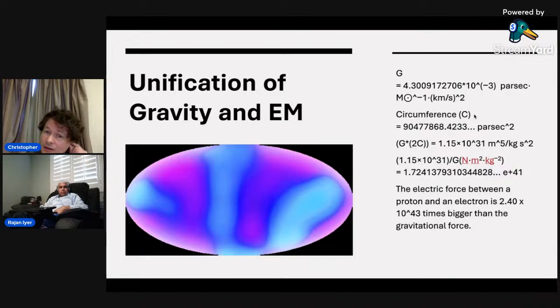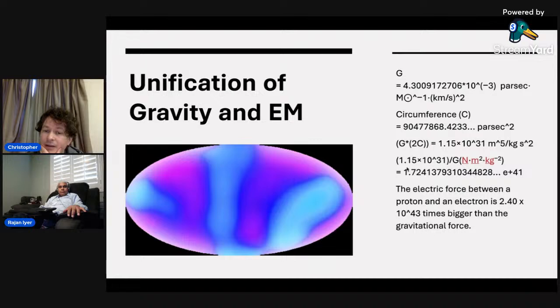And then we take the circumference in parsecs, then we can multiply the force by the area, essentially 2 times c on the bubble universe, to get 1.15 times 10 to the 31 meters to the 5th per kilogram second squared.